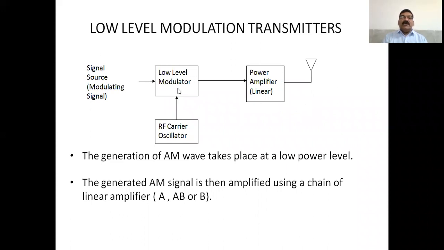Lower level modulator, the RF carrier oscillator is given, and this modulating signal. So this is very basic block diagram. Modulating signal you just give, that is the input here, and then here this is for the RF oscillator. RF means your carrier signal.